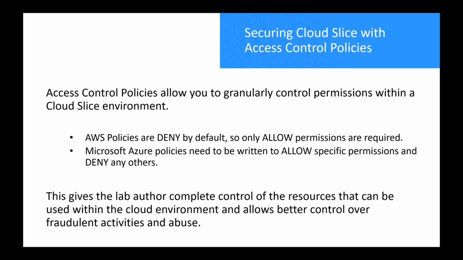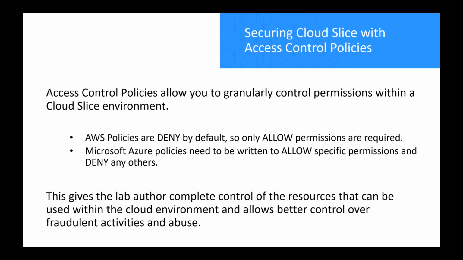So in other words, if you're going to have a specific lab that is going to teach the user how to use Azure storage, they should not have any access to build virtual machines or to build Cosmos databases or machine learning. None of that is necessary in order to use storage.